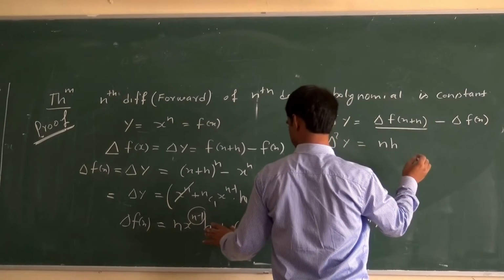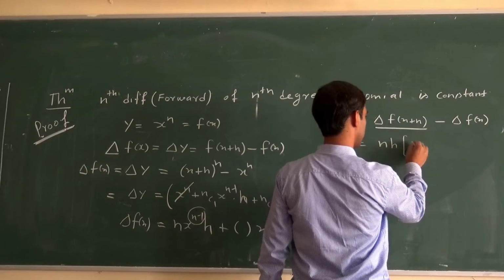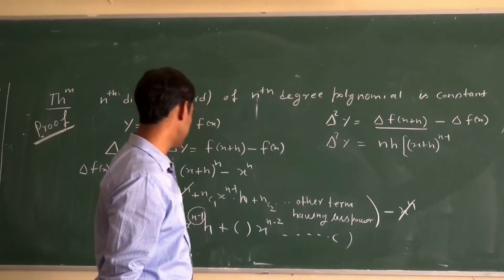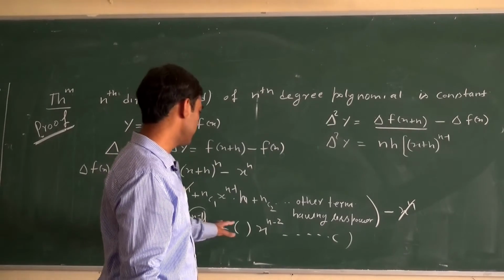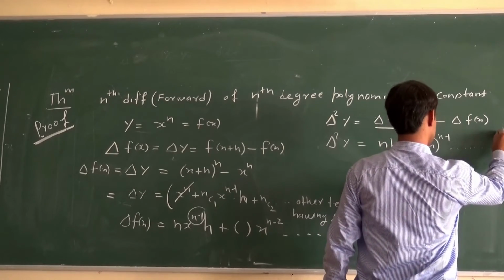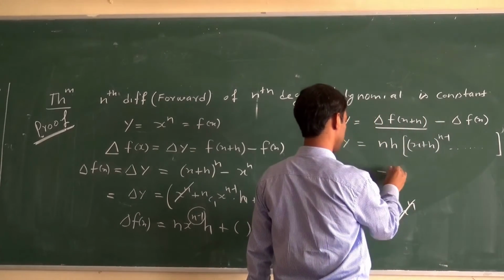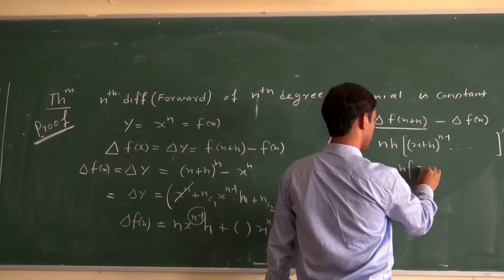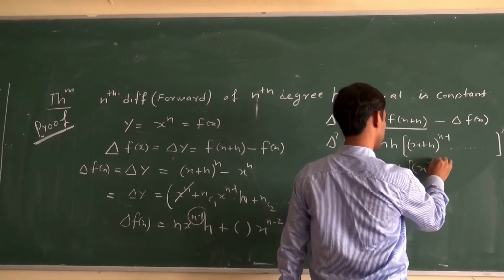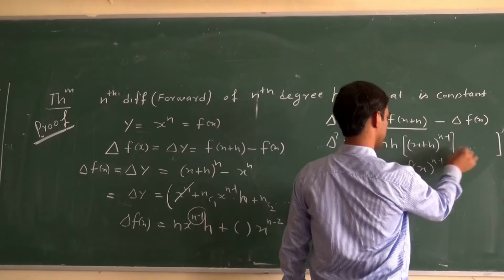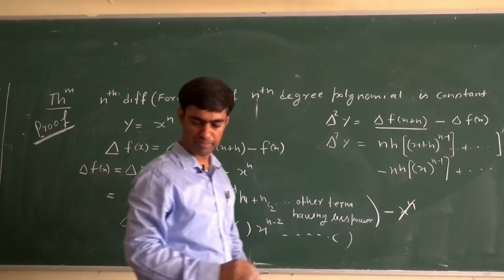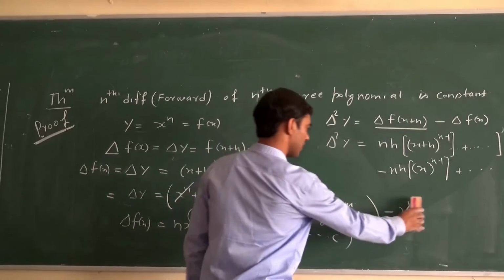If we write the first term only, this is n h (x+h)^(n-1). Similarly we can write the second term, third term and so on, but we only consider the first term here, minus n h x^(n-1). This is the first term, and we ignore all other terms.